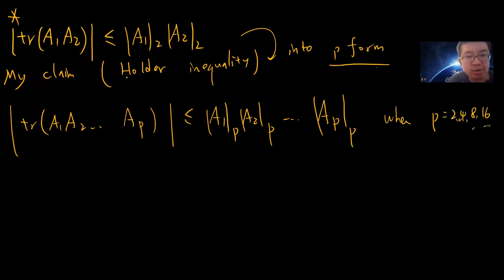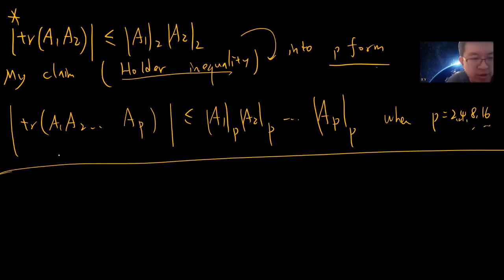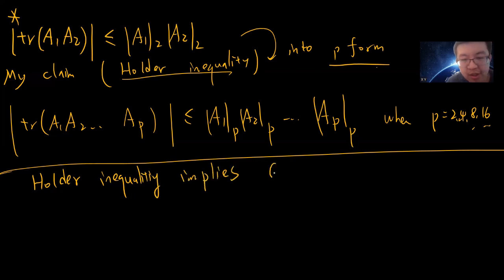This is called the Holder inequality. The claim is that this non-commutative Holder inequality implies the Golden-Thompson inequality.